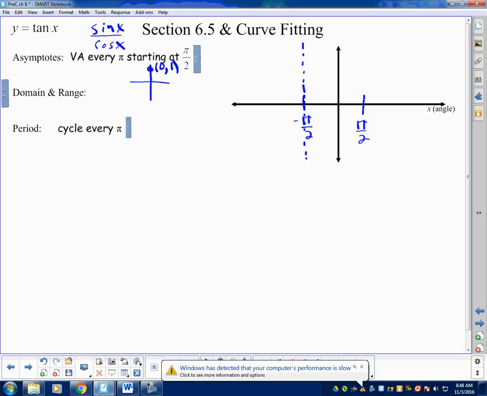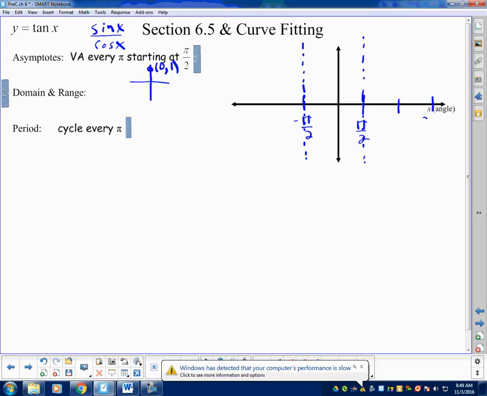So go ahead and draw that in. So at negative pi over 2 and at pi over 2, we have vertical asymptotes. Notice that they are pi units apart. And then the next vertical asymptote would be, let's see, I want to make this distance about the same again.